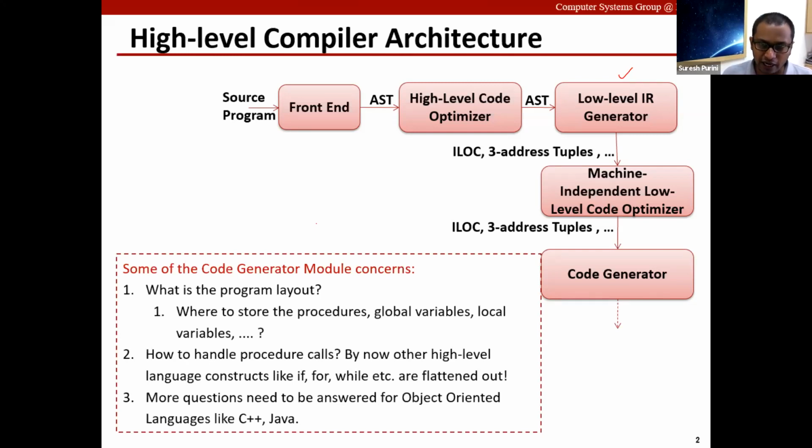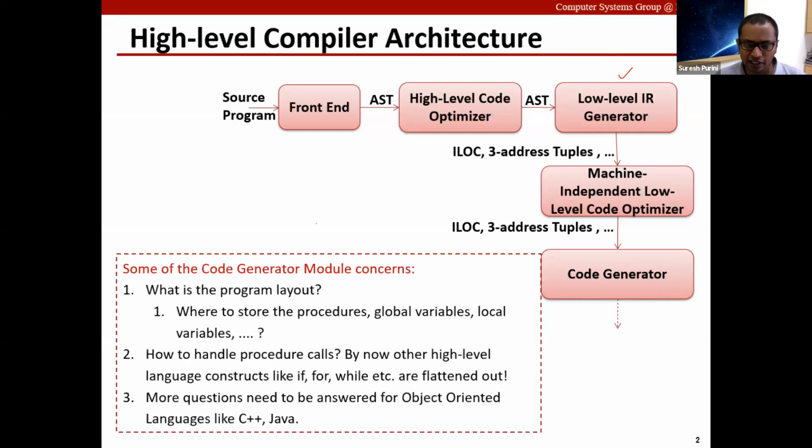And if the compiler is for an object-oriented programming language such as C++ or Java, there are many other issues that need to be addressed, like how do we do function binding, virtual functions, inheritance, and a few other problems if we are compiling an object-oriented programming language like C++ or Java.